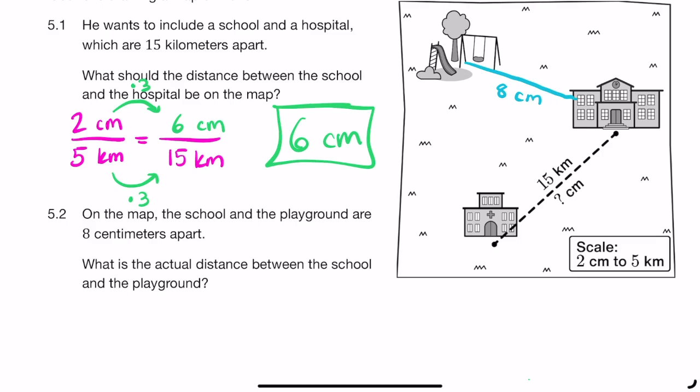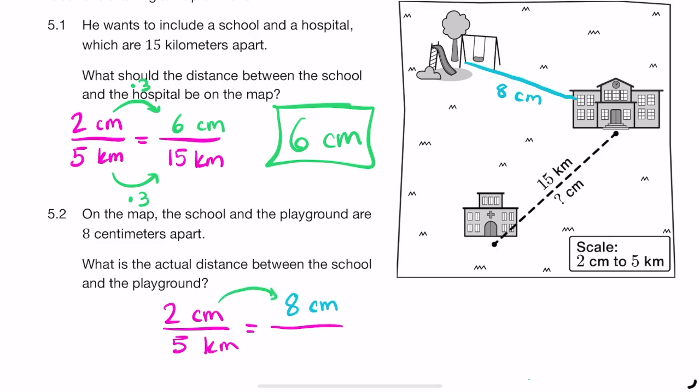These are 8 centimeters apart on the map. And we want to figure out what the actual distance is. Again, we're going to use our scale. 2 centimeters is worth 5 kilometers. And in this case, we know we have 8 centimeters on my drawing. So then I say, okay, how do I get from 2 to 8? I multiply by 4.